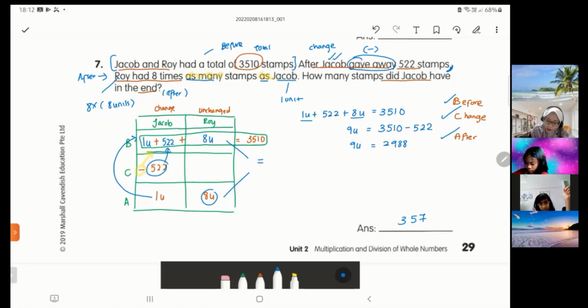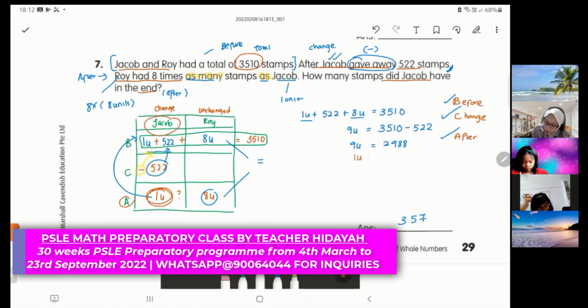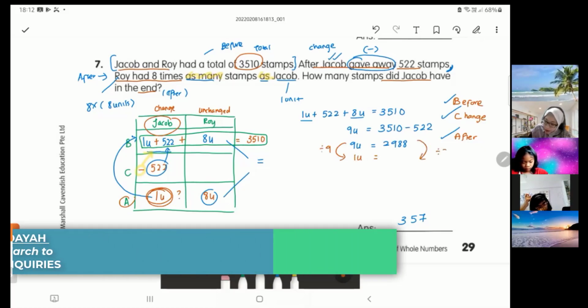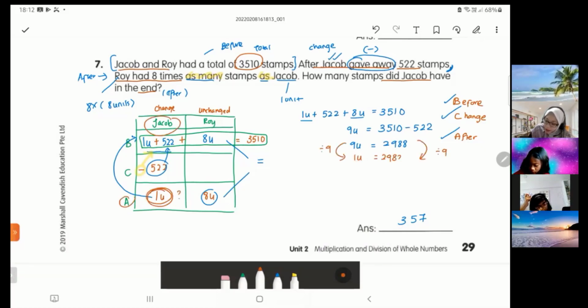Find your 1 unit because Jacob has what in the end? In the end means after. After for Jacob is 1 unit. This one. I want to find 1 unit. So divide by 9. Here also divide by 9. 2988 divided by 9 equals 332.